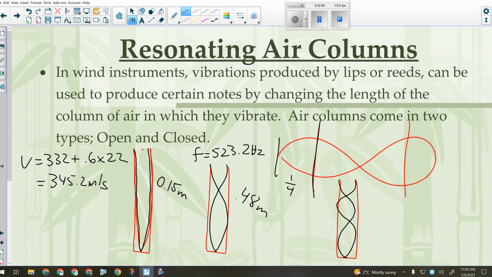I can't read it. If I turn it toward you, it's easier. That was like 82. 82, yeah.